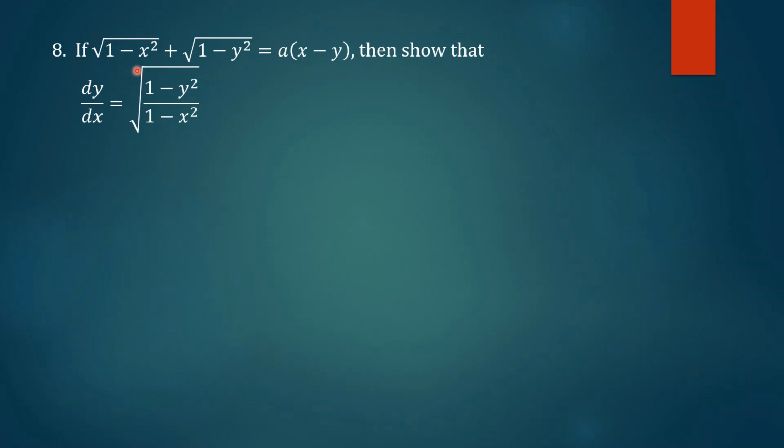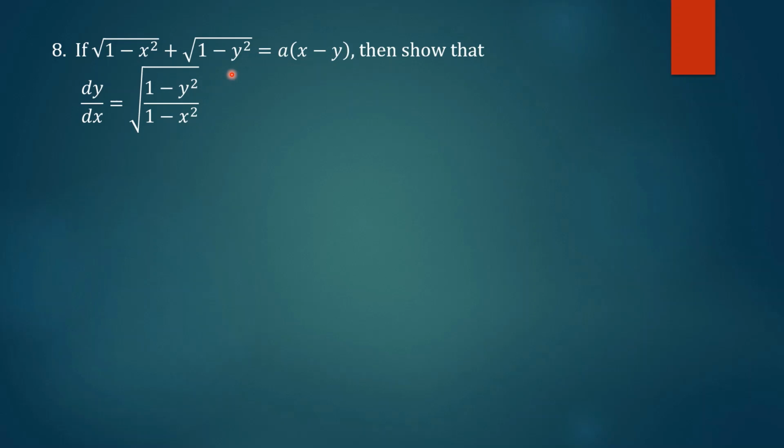And here we have two variables. One is x in the structure of a square minus x square, and for y, 1 minus y square is also in the structure of a square minus x square. So for the two different variables x and y, you take two substitutions. For x, say you take sin theta, and for y you take sin phi.